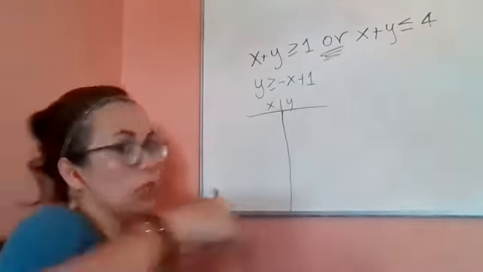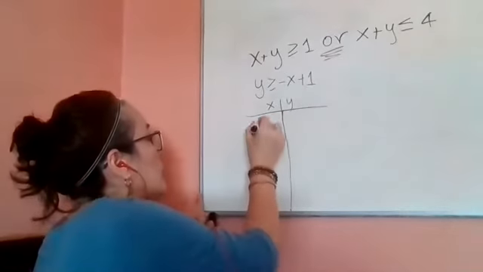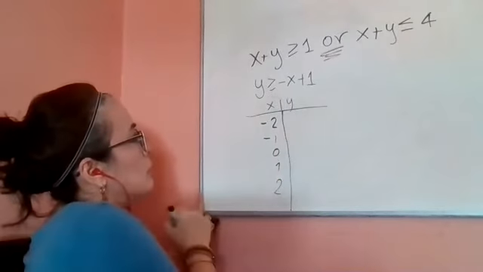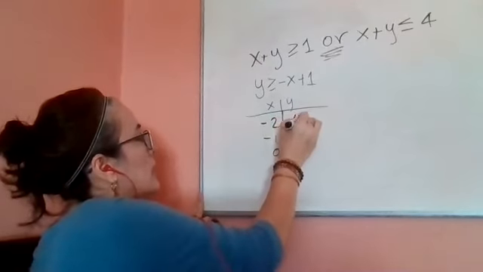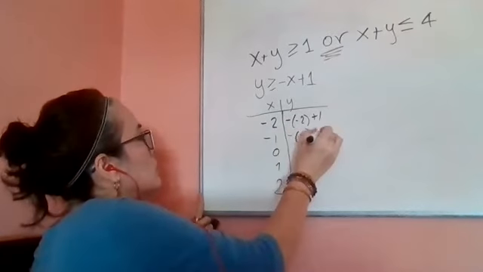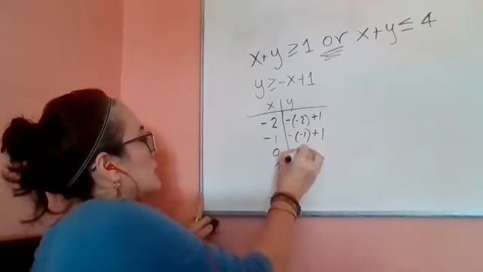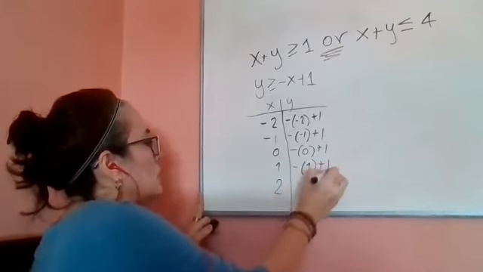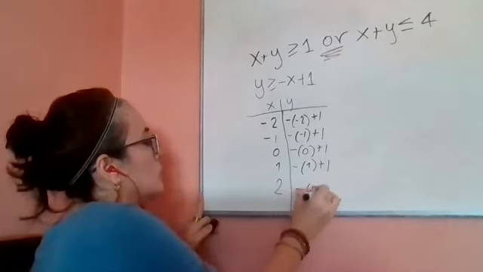I'm going to use my usual values, -2, -1, 0, 1, and 2. And I'm going to replace them over there. So -2 plus 1, -1 plus 1, 0 plus 1, 1 plus 1, 2 plus 1.